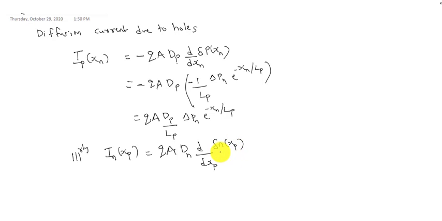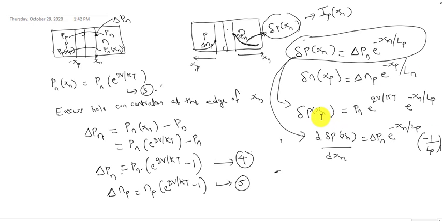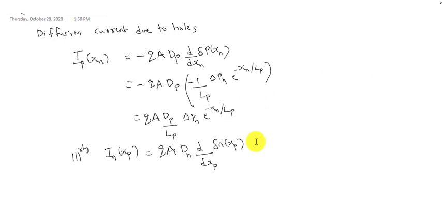Taking the derivative of del n of xp, where del n of xp is equal to delta n e raised to minus xp by ln, we can write the expression for In of xp: minus q into a into dn by ln into delta np e raised to minus xp by ln. So these are the two equations.